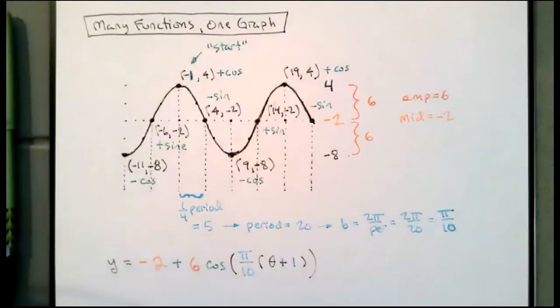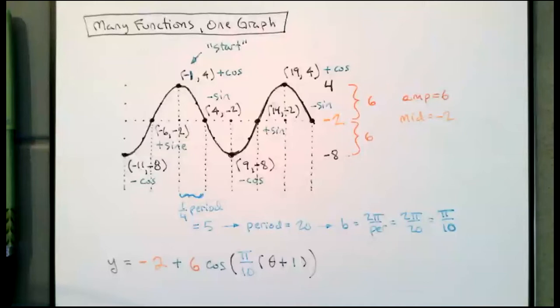So here is an equation that will give us the graph. The thing we want to remember is that the horizontal shift is always going to be theta minus whatever the number is. So write theta minus, and if it happens to be negative, change it to +1.